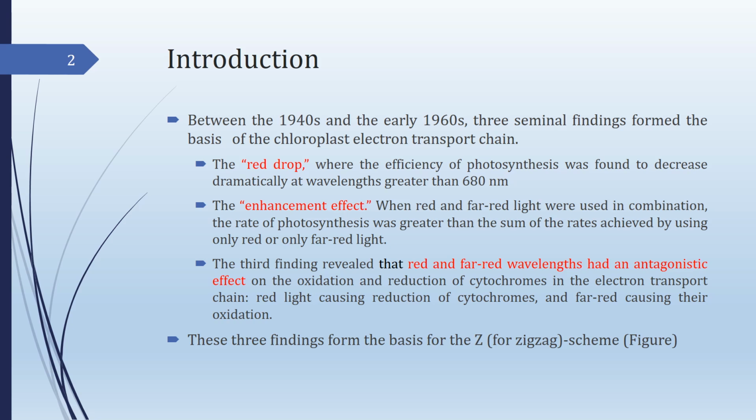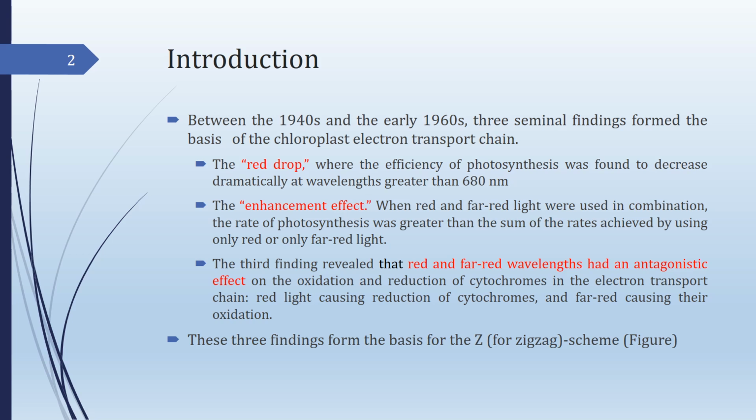So these three findings form the basis of the Z-scheme. The Z comes from zigzag, a model of the chloroplast electron transport chain that takes into account the different pigments and reaction center composition of the two photosystems.